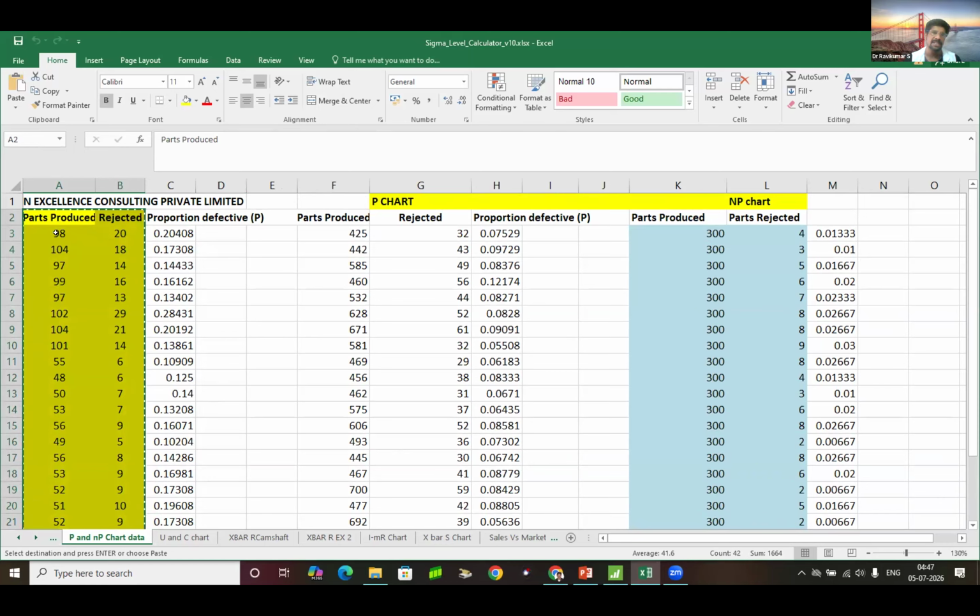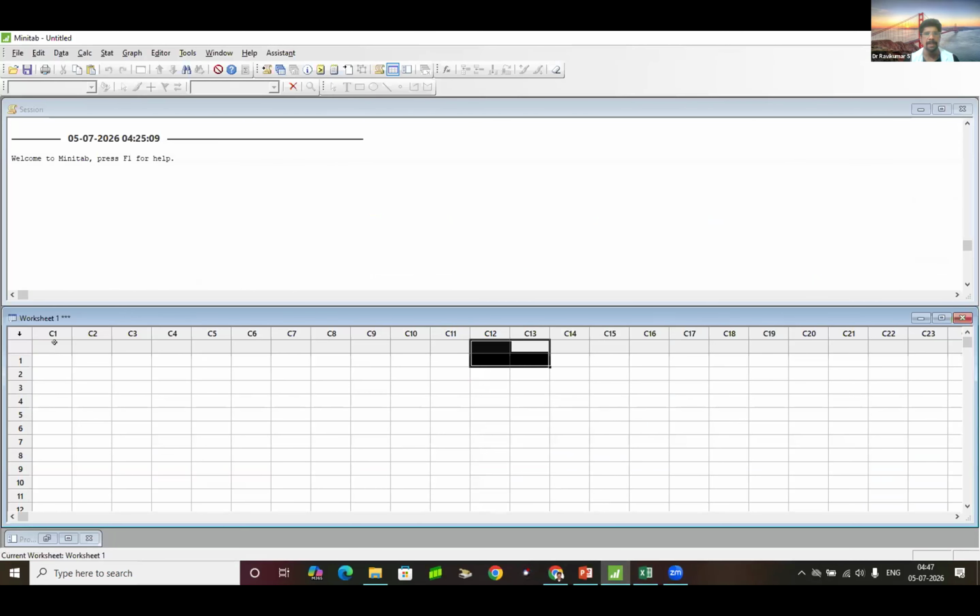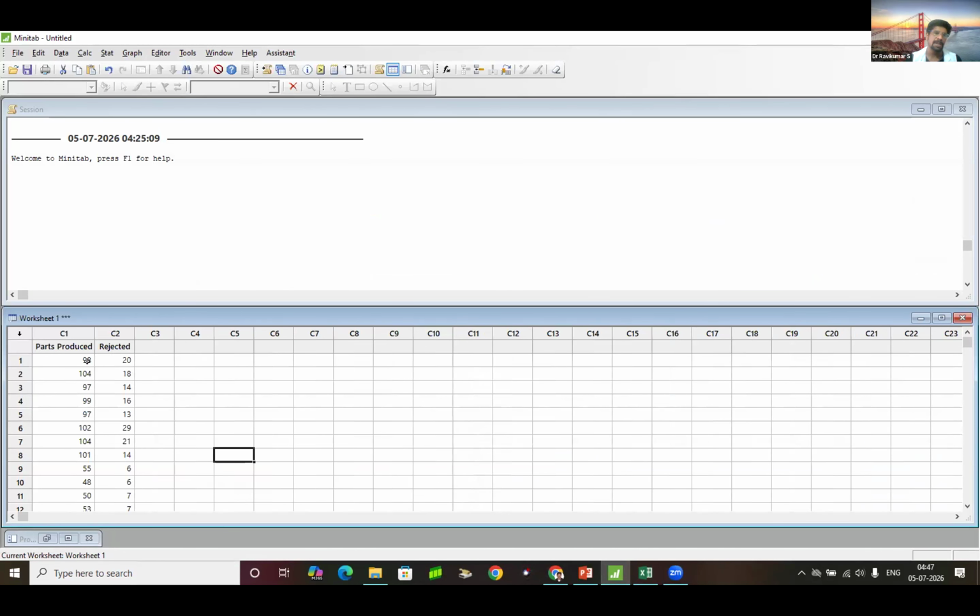The parts produced is considered as the number of samples inspected, and it varies every time. Let us paste it on the C1 and C2 columns. First day, parts produced 98, rejections 20. Second day, inspected 104, rejections 18, like this.